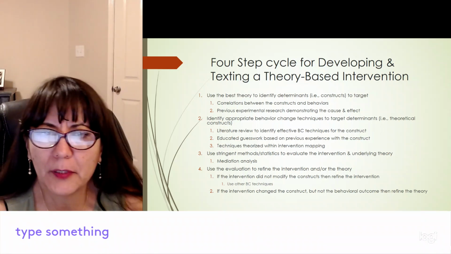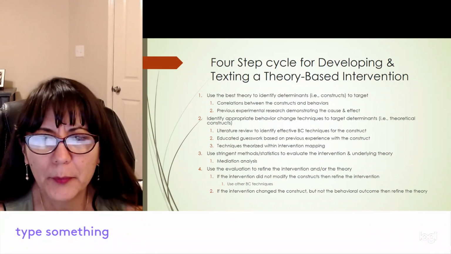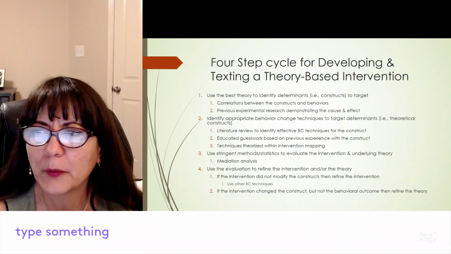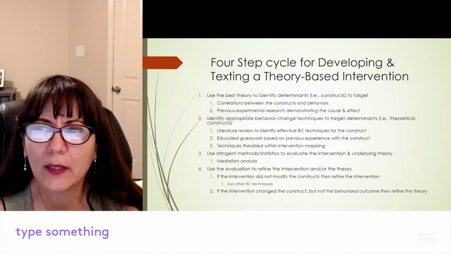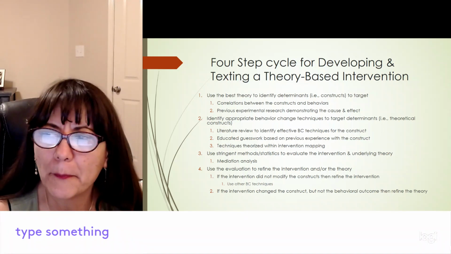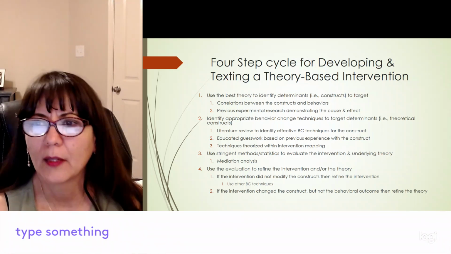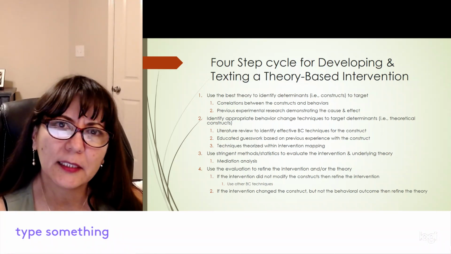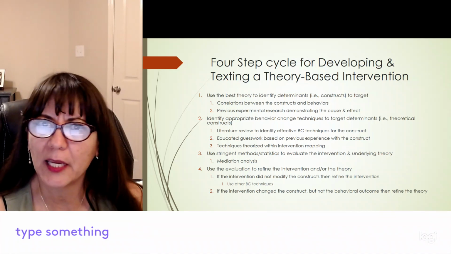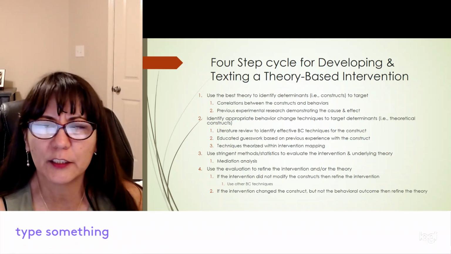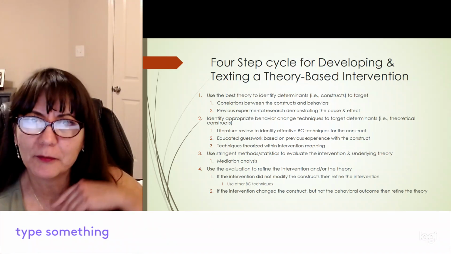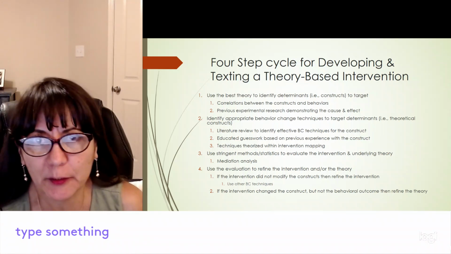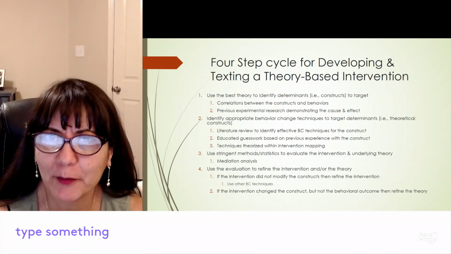So step one is you want to use the best theory to identify determinants or constructs to target, okay? So which theory would be the best one to really address those psychological determinants of the behavior, or even societal determinants of behavior, depending on what kind of theory you're using.